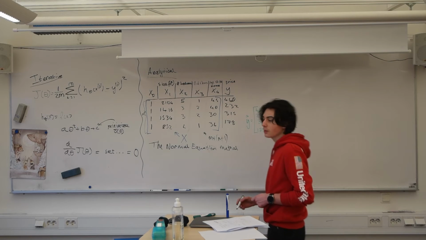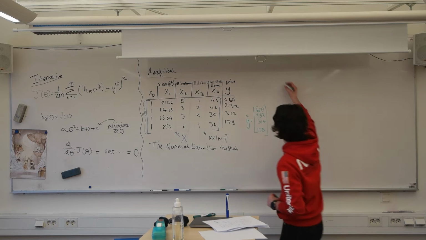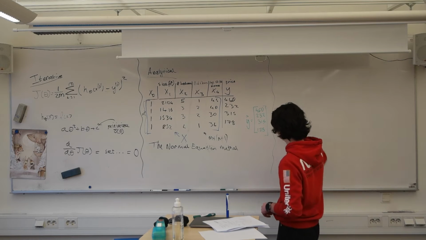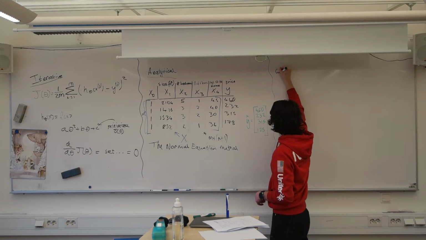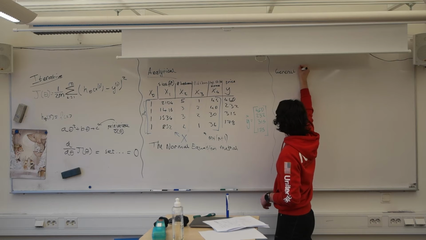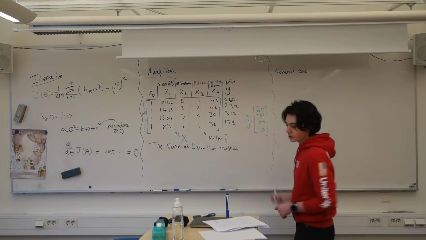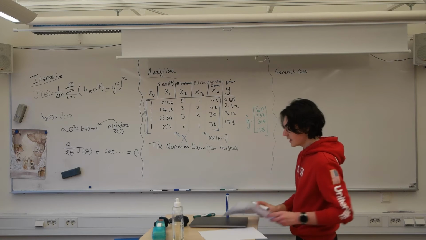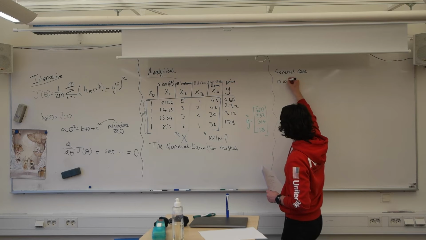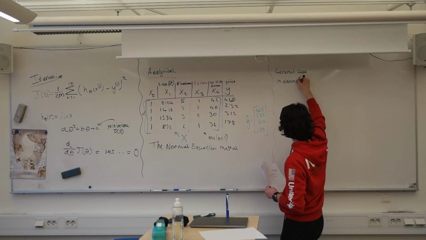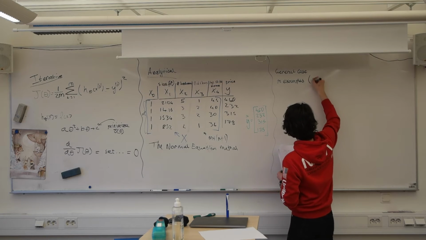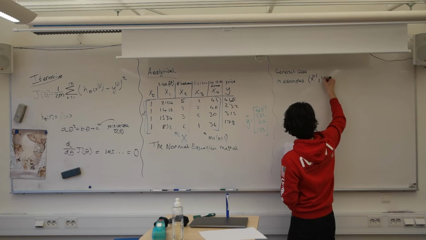So we're going to come up with our general case for this. A general case. We're going to have M examples. We're going to have x1, y1.